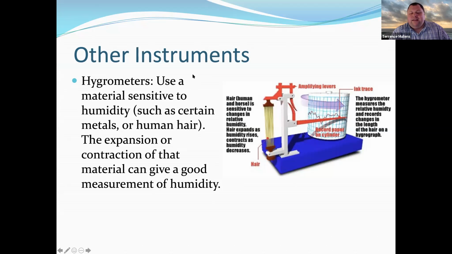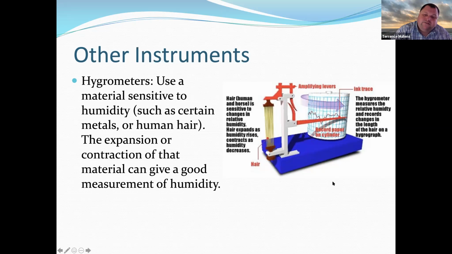Old hygrometers, these old instruments that were used to measure relative humidity, consisted of a lot of strands of either horse or human hair that are sensitive to changes in relative humidity, and they were stretched out. As the humidity changed, they would either expand further out or shrink and contract closer in.